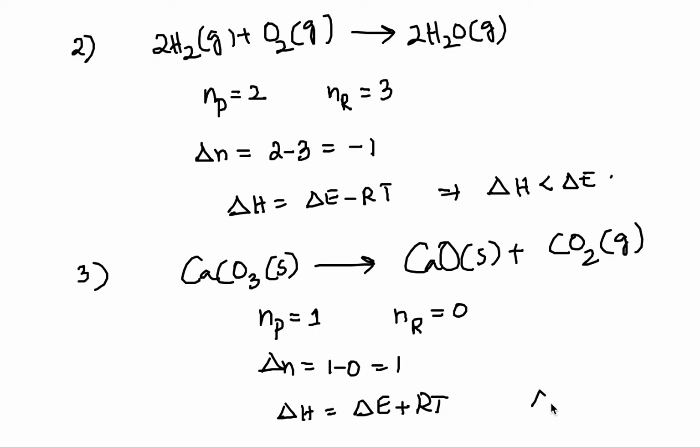So in this case also delta H is greater than delta E. So if the moles of gaseous products are greater than the number of moles of gaseous reactants, for those reactions delta H is greater than delta E. In other words, when we have gaseous reactants in greater moles compared to gaseous products, in that case delta E is greater than delta H. For those reactions which involve only liquids and solids, with no involvement of gases, delta H and delta E are almost the same.